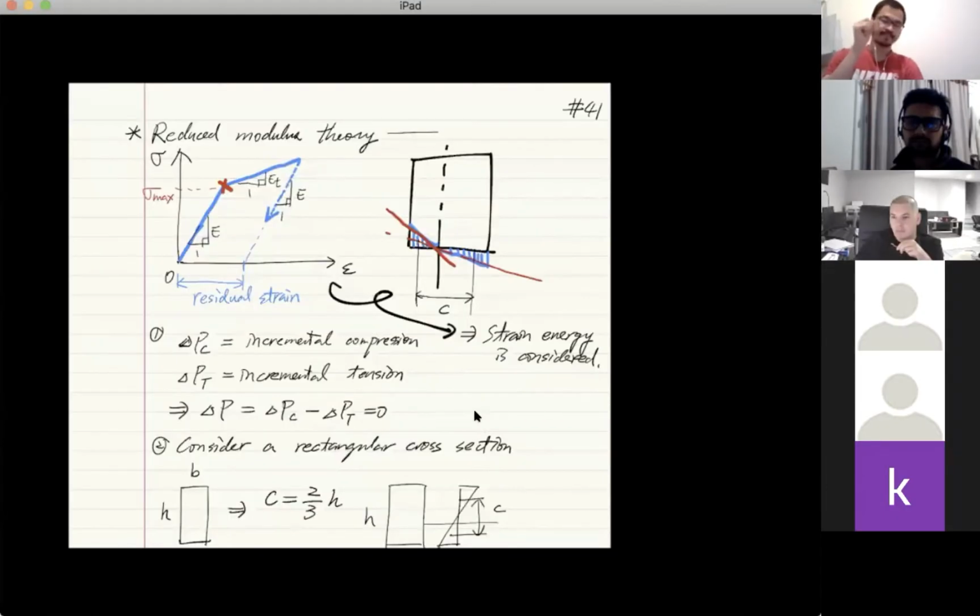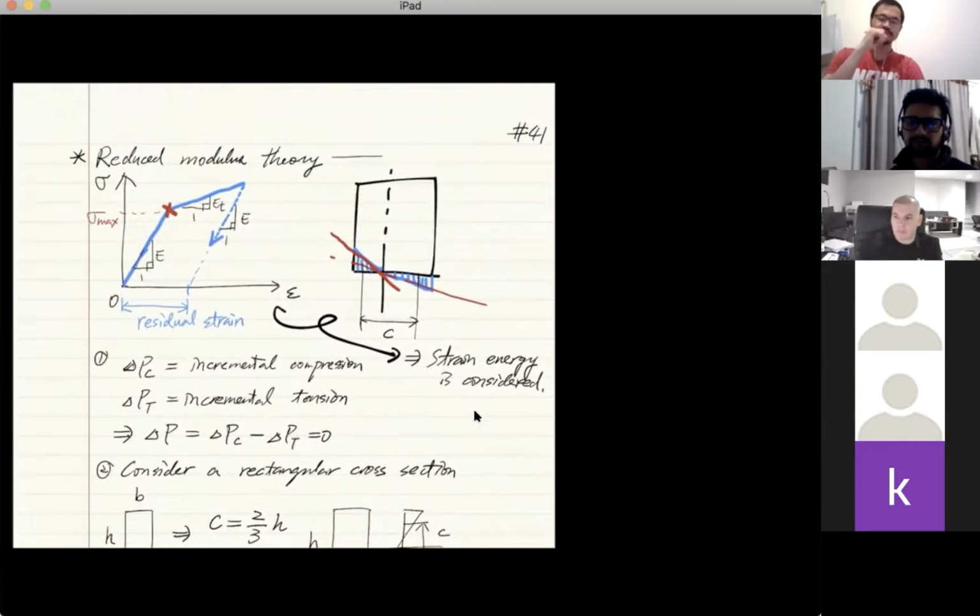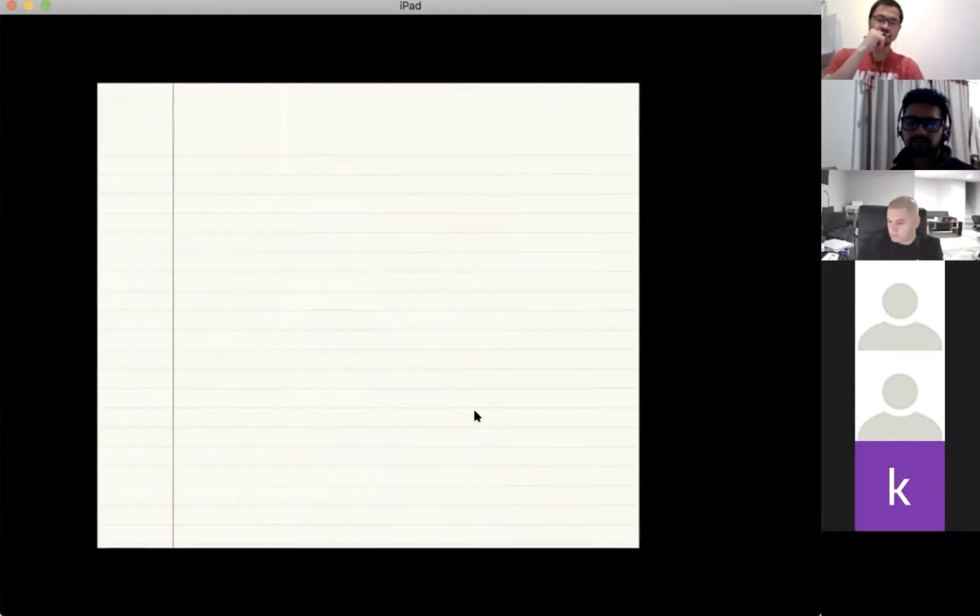Let me come back to summarize this. The formulation is already there, and I will just move to the summary.